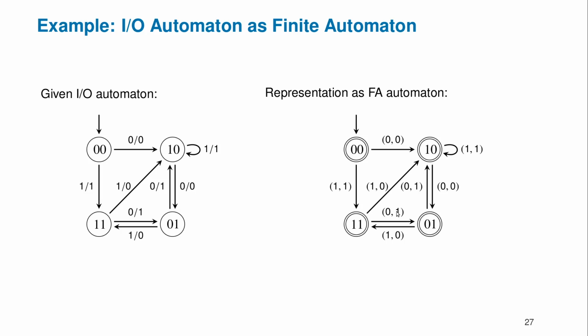So there is not much more to do if we're given an I/O automaton and want to represent it as a finite automaton. And again, the trick is that we encode the output in terms of elements of the alphabet of the finite automaton, and we have it then as the labels of the transitions.